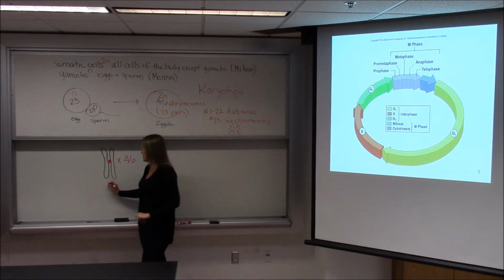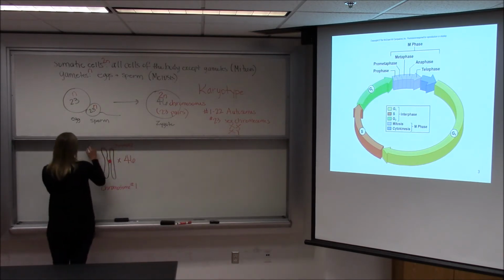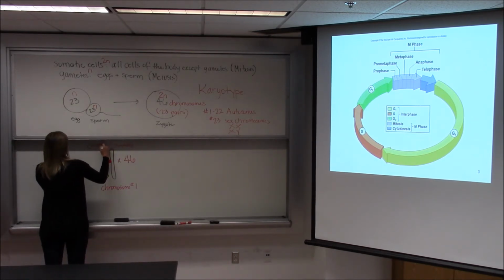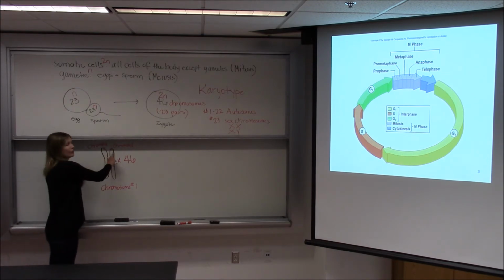If this was chromosome number 1, we would say this whole thing is a chromosome, and each of these is called a chromatid. That's a chromatid, and that's a chromatid. So at this stage in the cell cycle, we would say chromosome number 1 has 2 chromatids. They are identical.